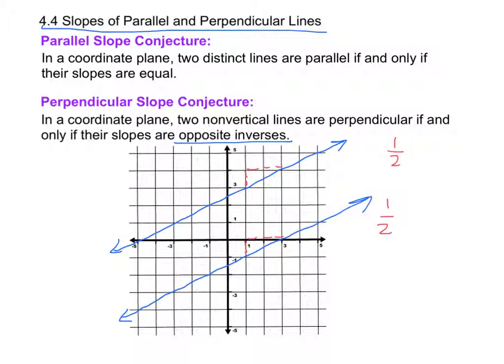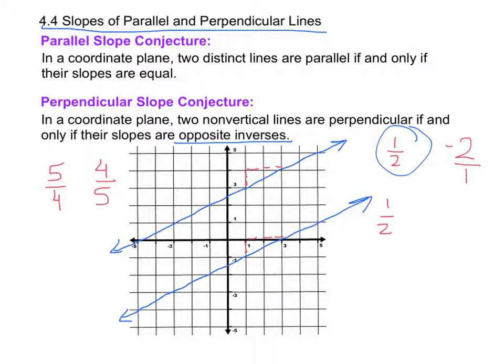Say you have 5/4, the inverse is going to be 4/5. So for this line here, with a slope of 1/2, the opposite inverse is going to be -2, because we both made it negative and we also flipped it over, because 2 is the same as 2 over 1.